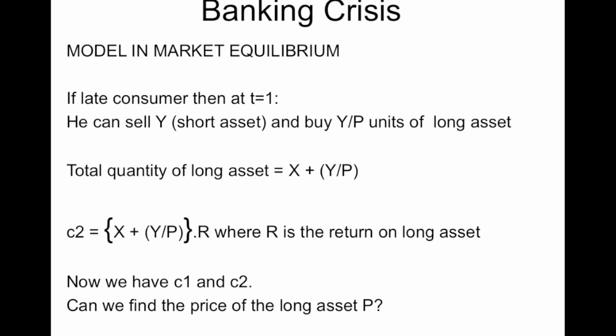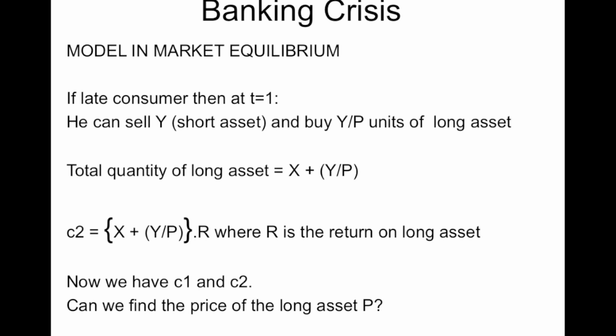X is the long asset that he originally had, y is the short asset that he sold, and p is the price of the long asset. So consumption at time 2 is equal to the long asset, which is x, plus the short asset, which is y, and the price of the long asset times r, where r is the return on the long asset. So now we have figured out both consumption at time t is equal to 1, that is consumption if he's an early consumer, and consumption at time t is equal to 2 if he's a late consumer.